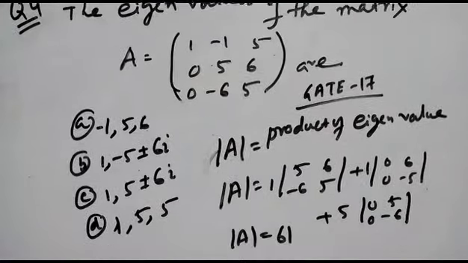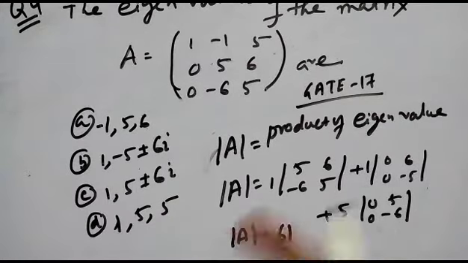Clear? So determinant of A gives the value 61, and now we look for the answer which gives the value 61.